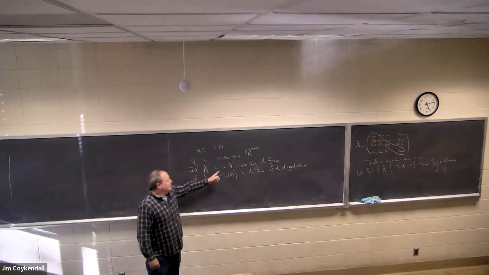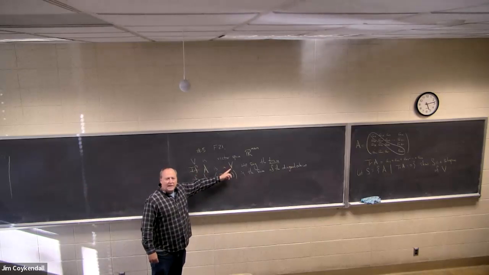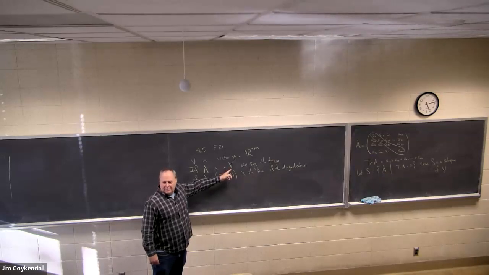What is the 0 element of this vector space? What n by n matrix can you add to every other n by n matrix and it leaves it alone?